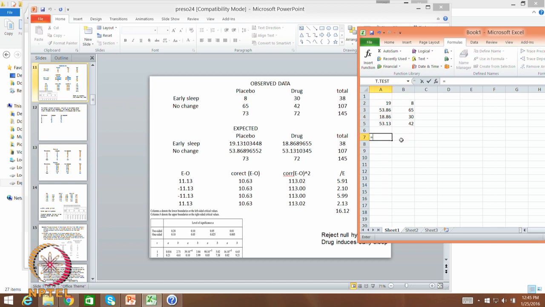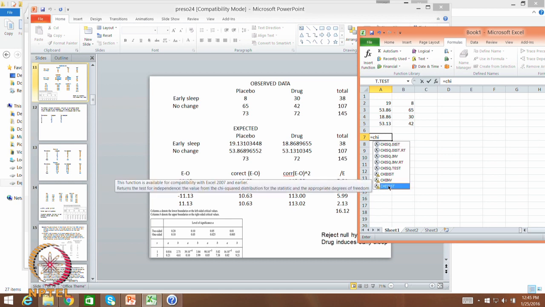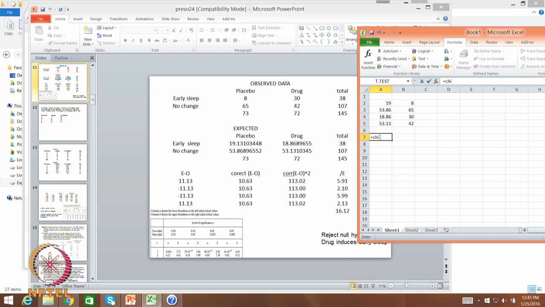So, I can say chi-square test, CHITEST, actual, that is observed versus expected.